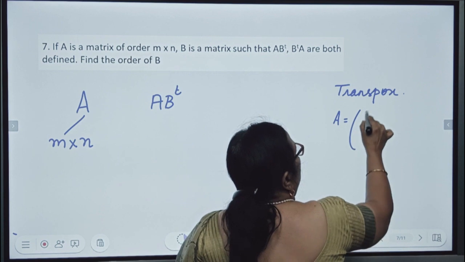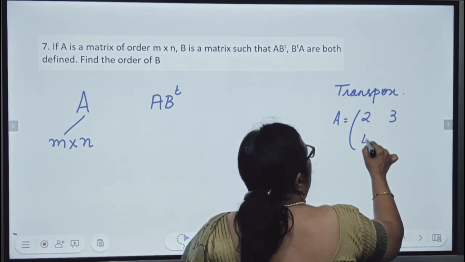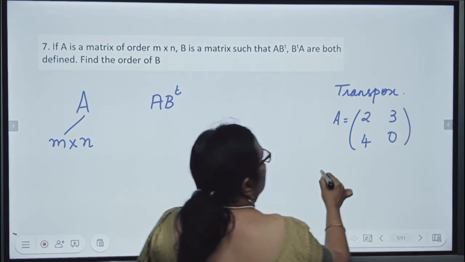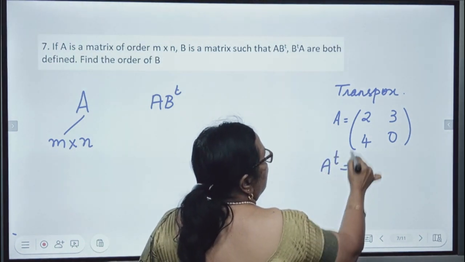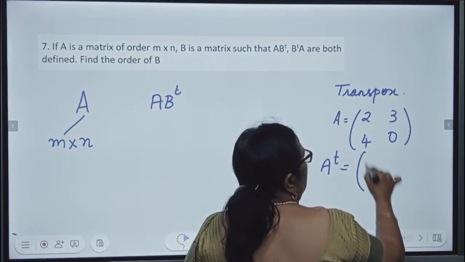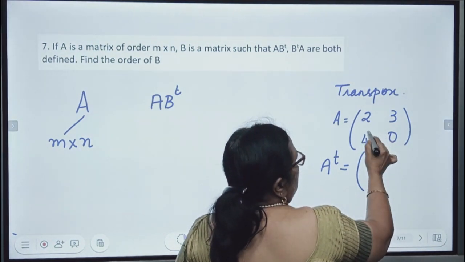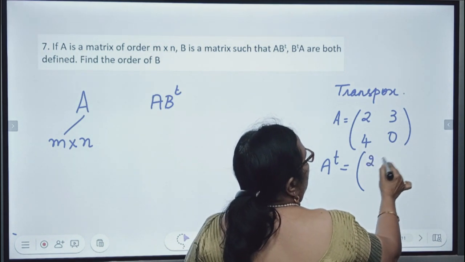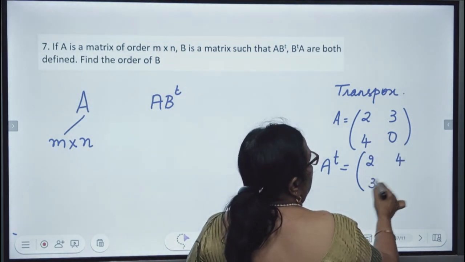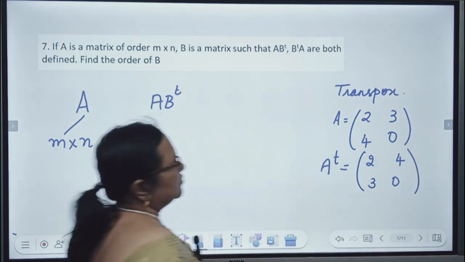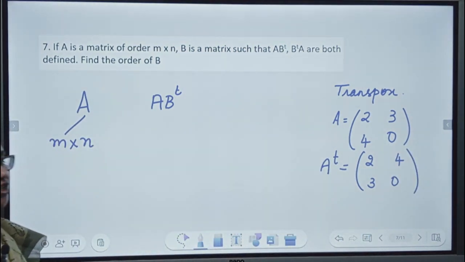So if A equal to 2 minus 3, 4, 0, then A transpose will be, you have to interchange the rows and columns. So this will be 2, 4, 3, 0. The first row has become the first column.